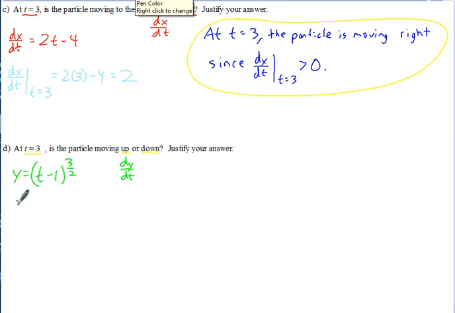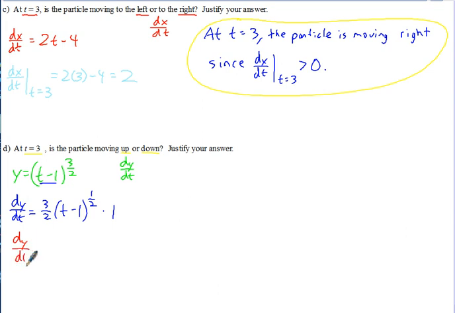So when we take the derivative of that, dy dt, using the power and chain rule, it'd be 3 halves t minus 1 to the 1 half times the derivative of the inside, but in this case the derivative of the inside function is just 1, so it doesn't change it. Let me simplify that. dy dt is 3 halves. If you put it back in radical form, that's the square root of t minus 1.